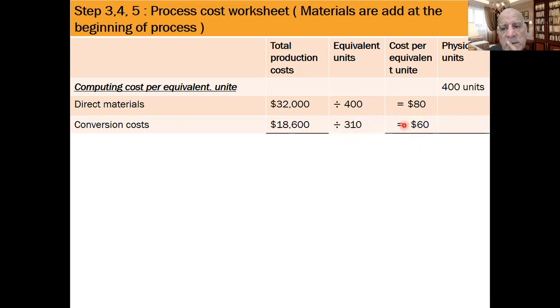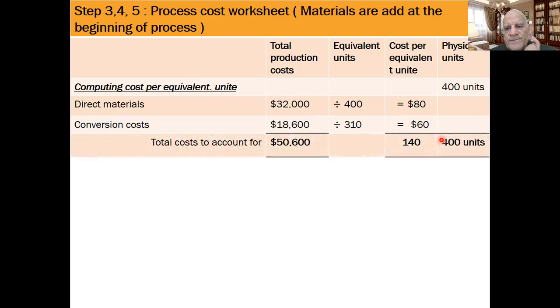So the total cost of the equivalent units will be $80 plus $60, which equals $140. And the total manufacturing costs, which consists of direct materials and conversion costs, the total equals $50,600.